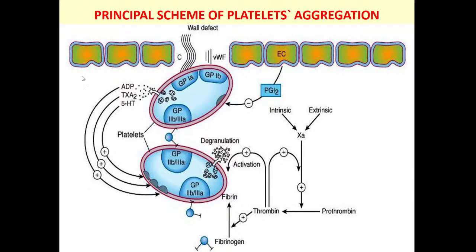You see, GP, glycoprotein 2B, 3A receptors. In a normal physiological state, these receptors are inactive. Therefore, fibrinogen does not bind to them. That is, there is no aggregation process.